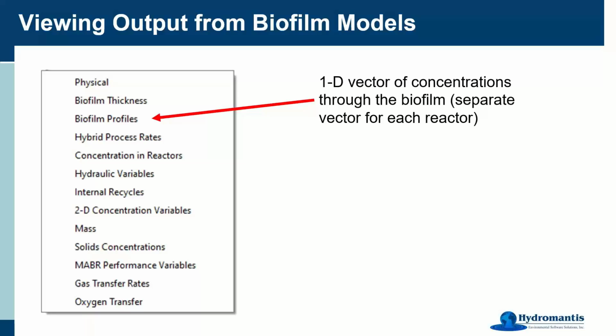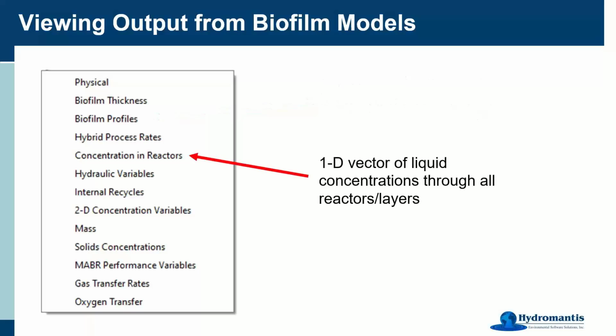What I mean is, as you penetrate into the biofilm, it is basically the concentration in the liquid, then in the first layer, second layer, third layer, as you go deeper into that biofilm. And you can see that gradient of those soluble concentrations. Another one is to look at the concentrations in the reactors as you go through that particular unit.